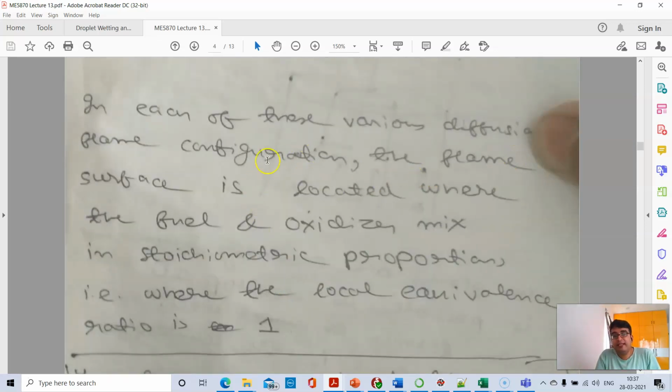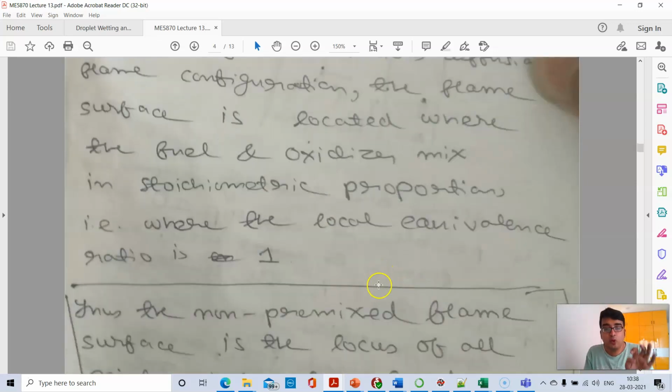In each of these various diffusion flame configurations, the flame surface is located where the fuel and the oxidizer mix in stoichiometric proportions. That is where the local equivalence ratio, and this is very important, the local equivalence ratio, is 1, because the fuel is on one side and oxygen is on the other, so across the flame zone the equivalence ratio changes very rapidly.